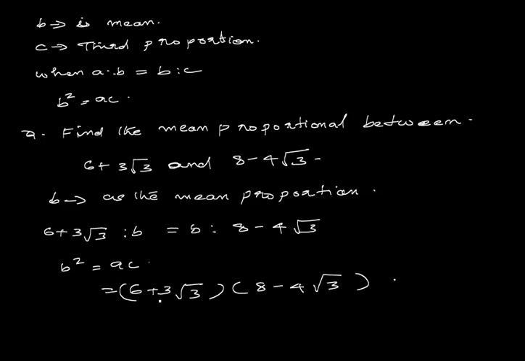Now let us multiply each term from the first bracket with the second bracket. It's equal to 6 into 8, that's 48. Then 6 into 4 root 3, the sign is minus, so it is minus 24 root 3.